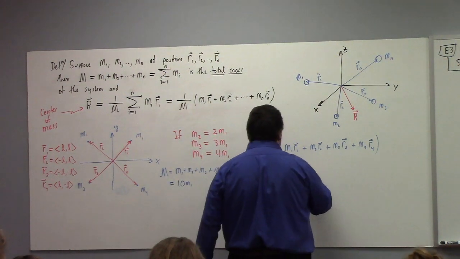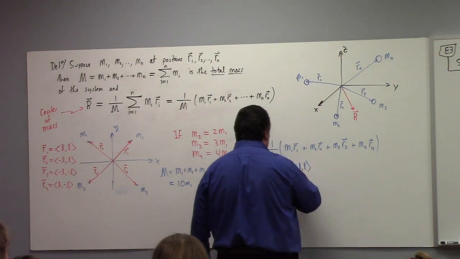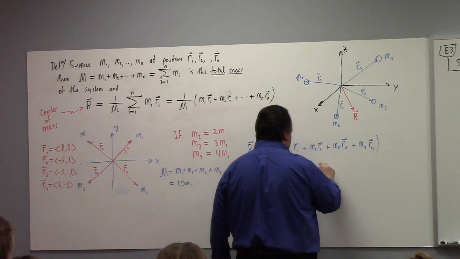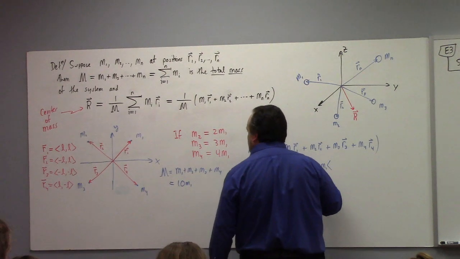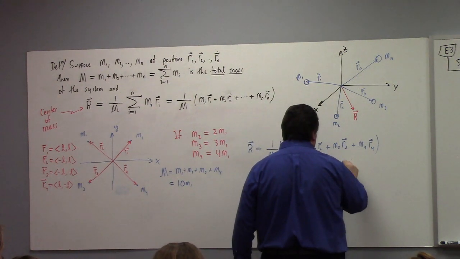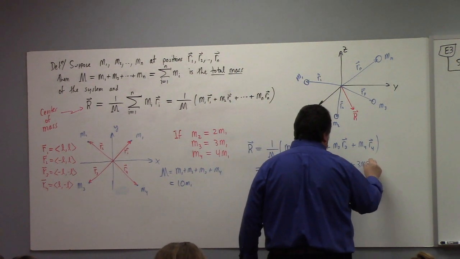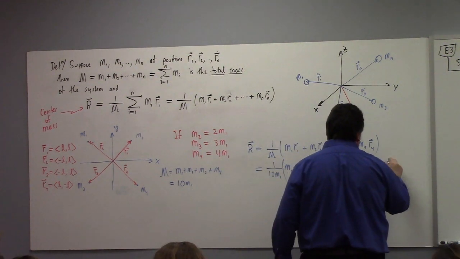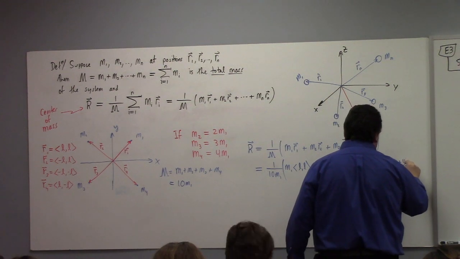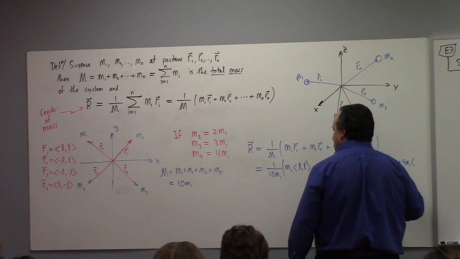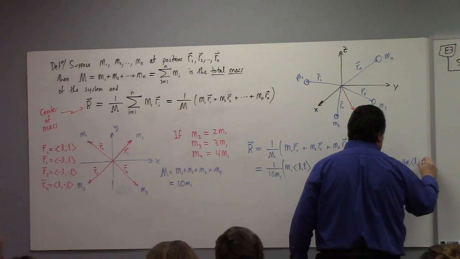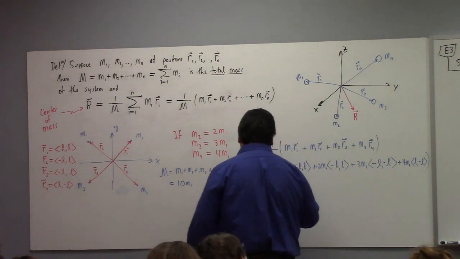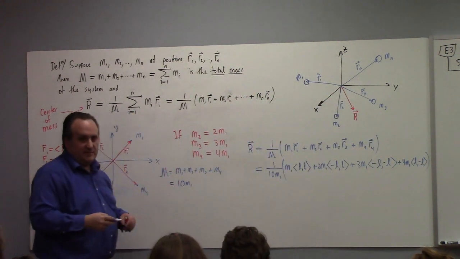My R1 was (L, L), and then plus 2M1. My R2 was (-L, L), plus 3M1. My R3 was (-L, -L), and then 4M1, (L, -L), right?